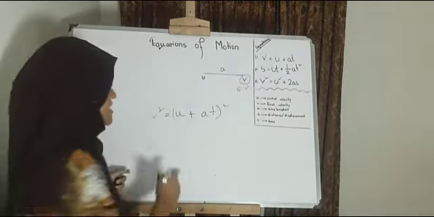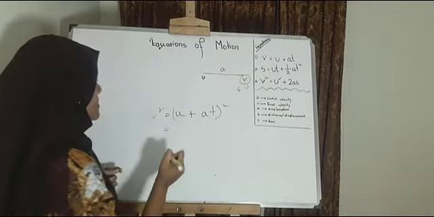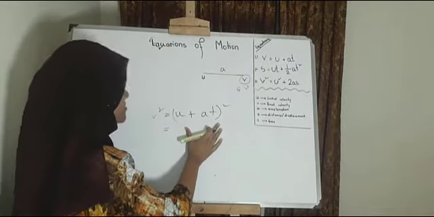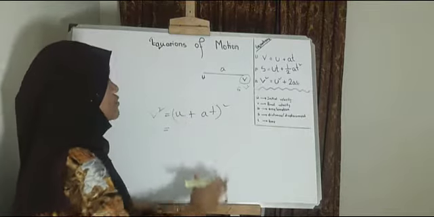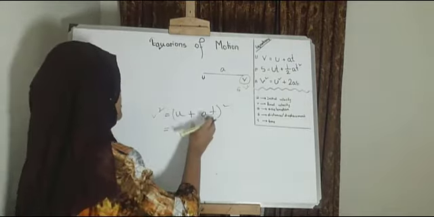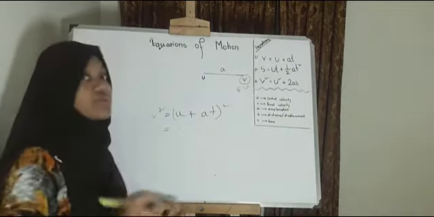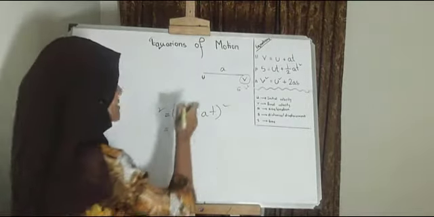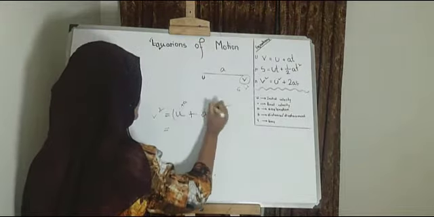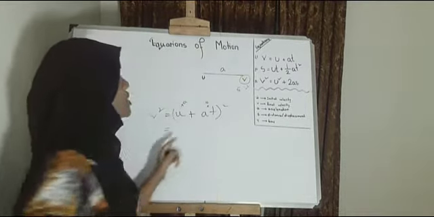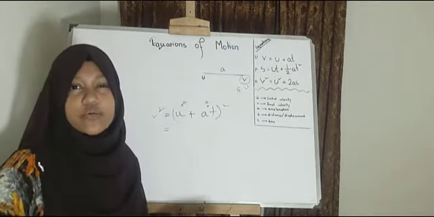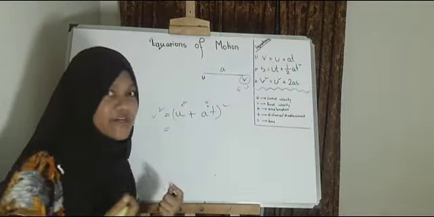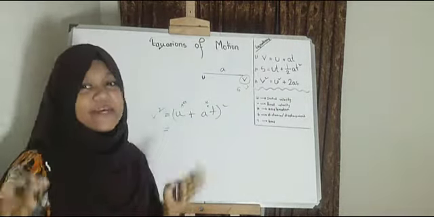Fine, great. Second step, after squaring, we'll expand it through the formula of (a plus b) whole square. Let's think, this is a, this is b. So (a plus b) whole square is a square plus 2ab plus b square.